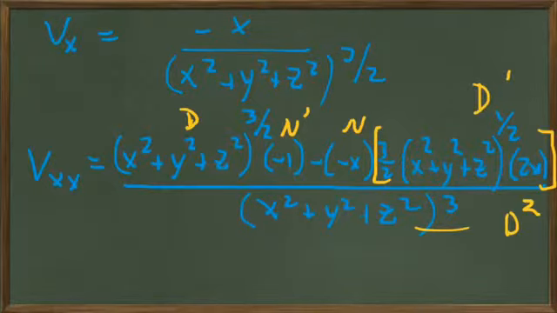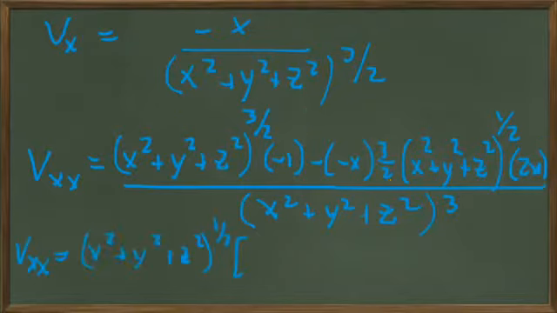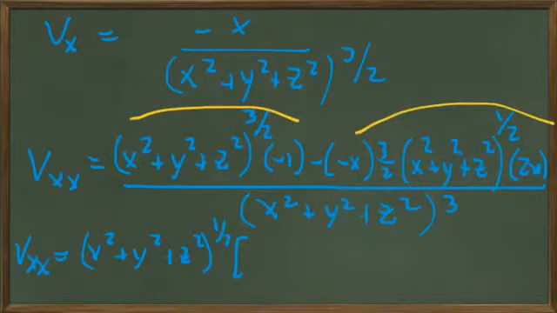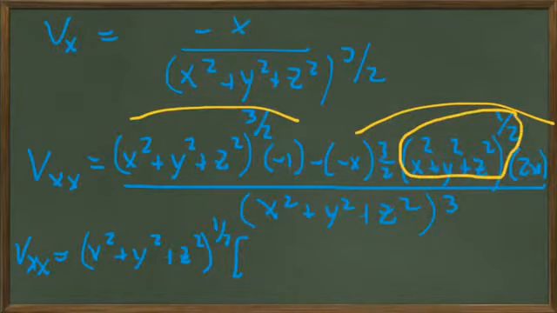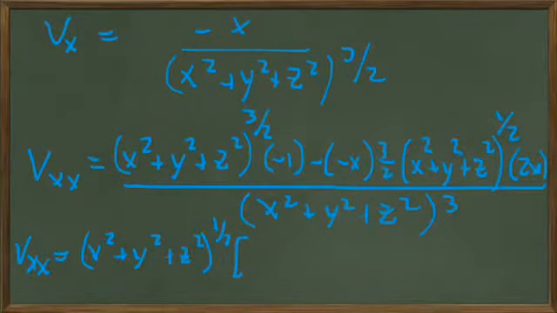Now if we clean that up in the numerator, let's notice that this term here and this term here have as a common factor x squared plus y squared plus z squared to the 1/2. So we have factored that out. And when we factor that out from this first term, what's left is minus x squared minus y squared minus z squared.